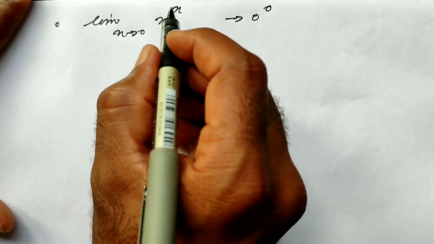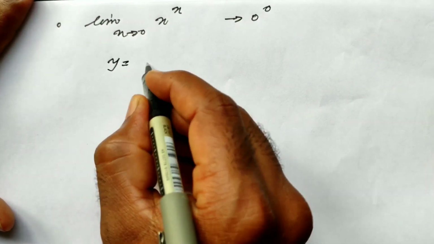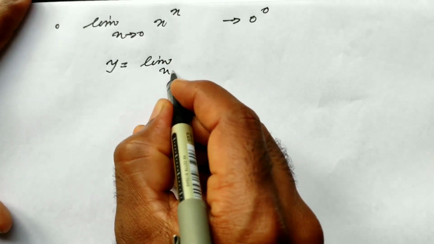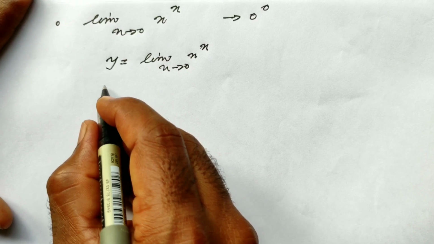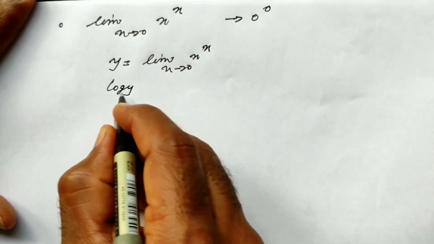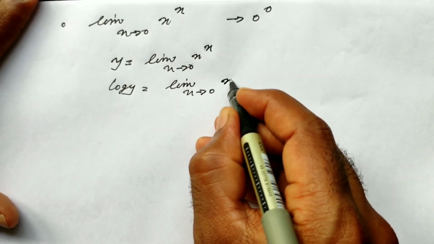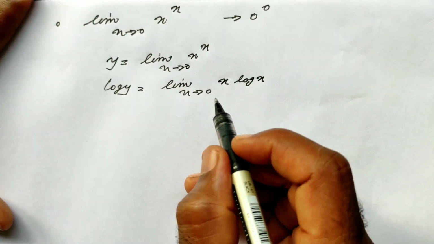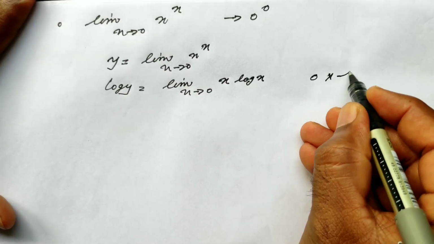So to convert this indeterminate form to a determinate form where we can apply L'Hospital rule is by taking log, that is the given question is taken as y, that is limit x tends to 0, x power x. So after taking log, it will become log y equal to limit x tends to 0, x into log x.